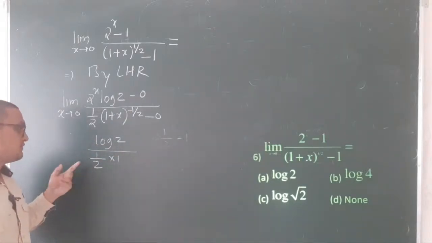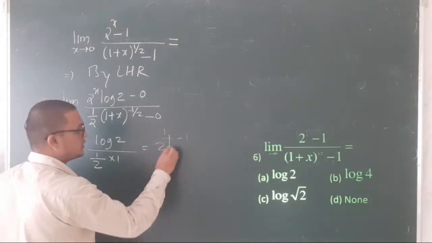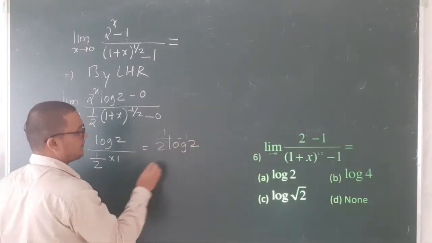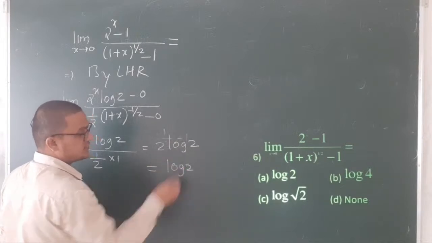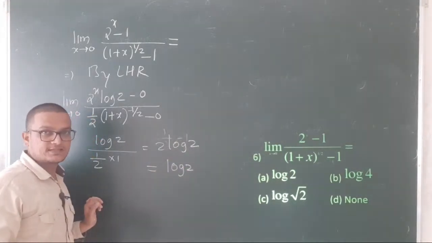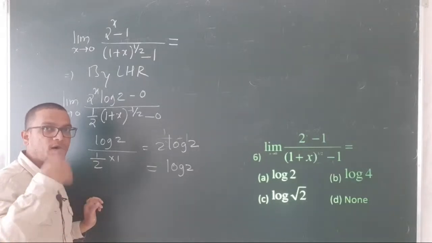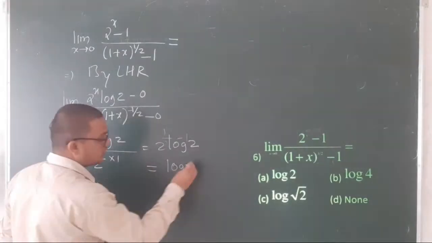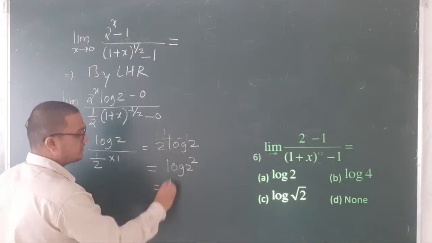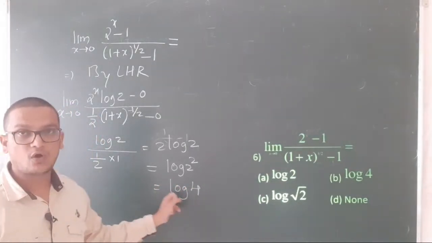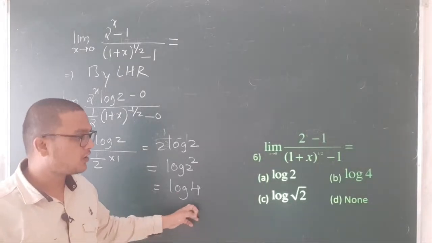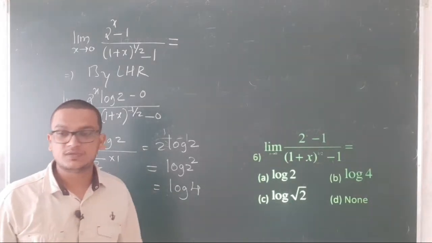So 1 by 2 shifts to the numerator, so it will be 2 into log 2, which equals, using the property n log x can be written as log x to the power n, log 2 to the power 2, so it will be log 2 square is 4, so the answer is log 4. So option B is correct again.